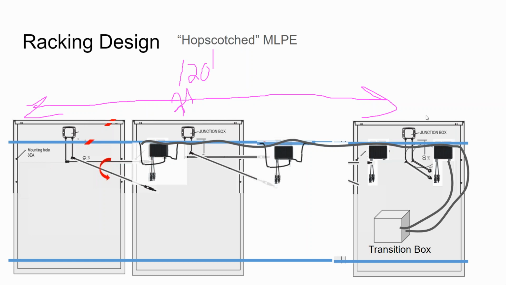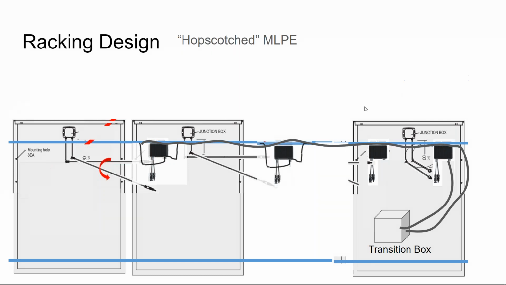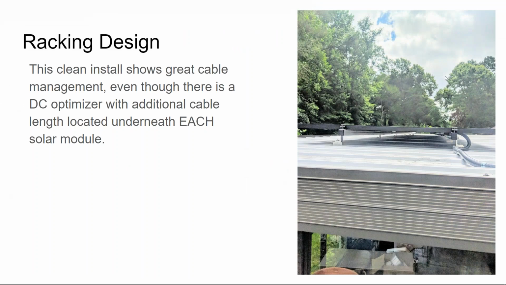So that typically will not apply to most residential systems. And what I think is a good sign of an installer is if you look underneath the array, being able to see all the way through and not have a messy cabling system underneath.